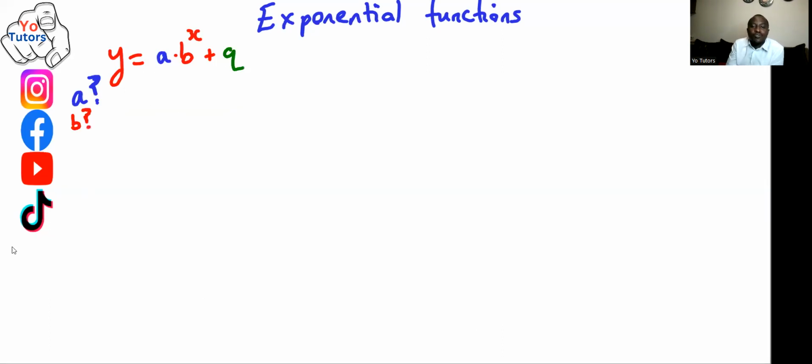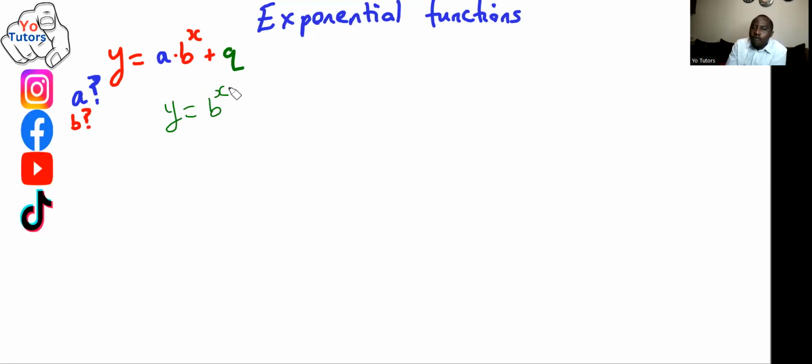Now let's move on to today's class. We need to understand the shape first of an exponential graph. The exponential graph has one asymptote, and that asymptote is the x-axis. It only has one asymptote when you're talking of the mother graph. It's in the form y equals b to the power x.